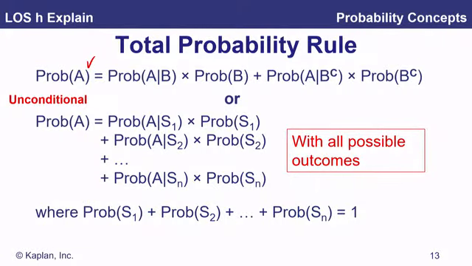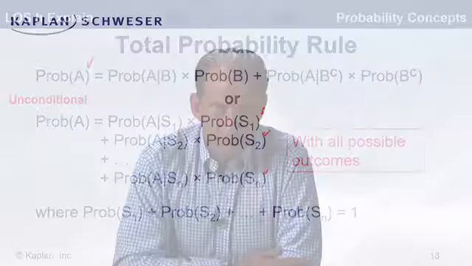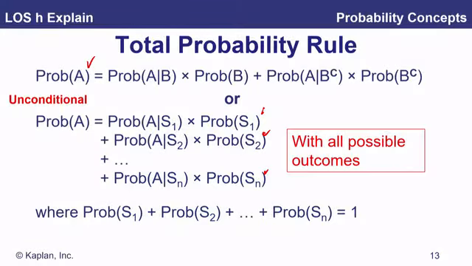And we can generalize that. So instead of B and not B, now we've got S1, S2 through however many finite different outcomes there are for S. And when we add all those together, we get the unconditional probability of A. And I guess the conditions here, these probabilities of S are again all the possible outcomes.